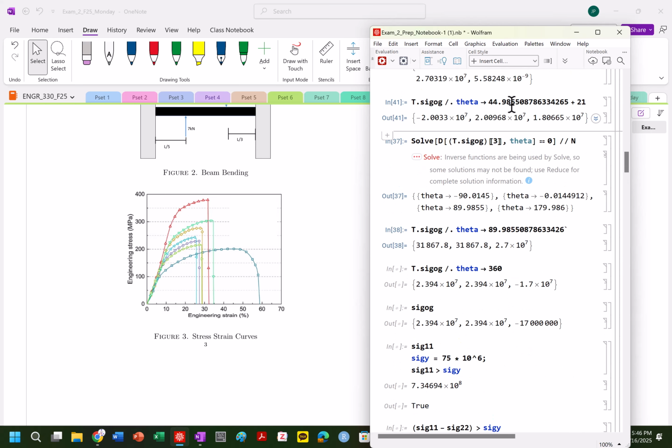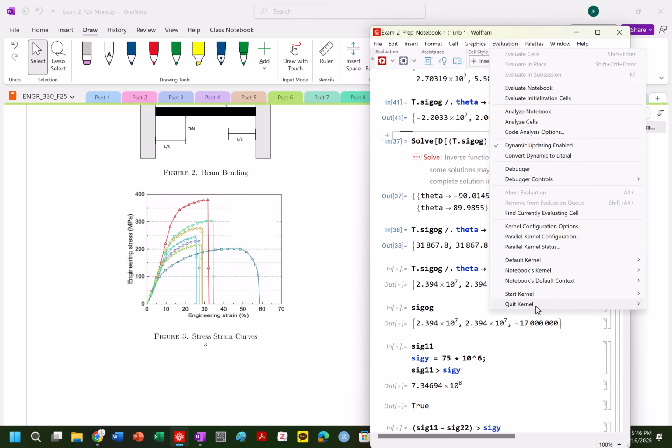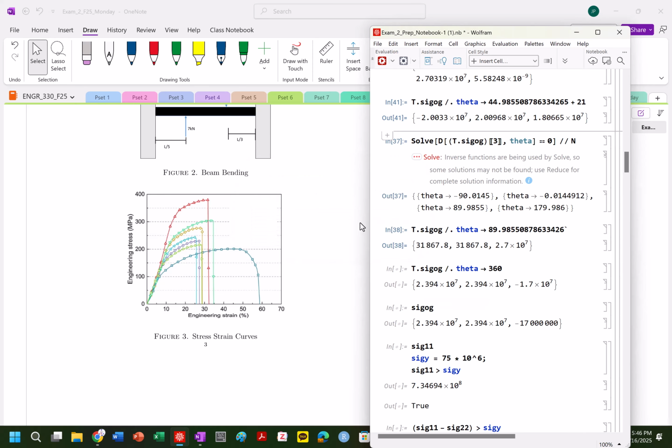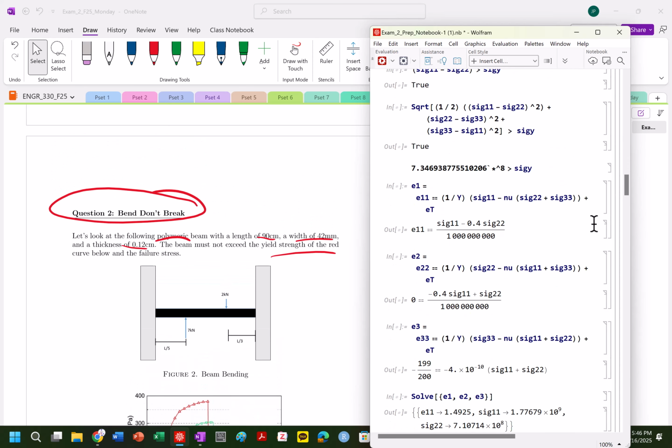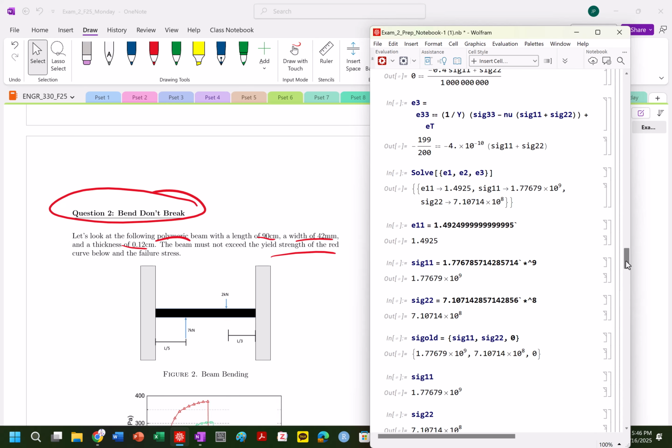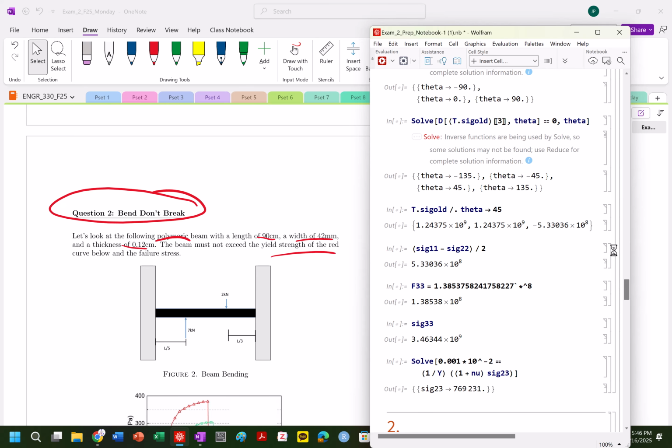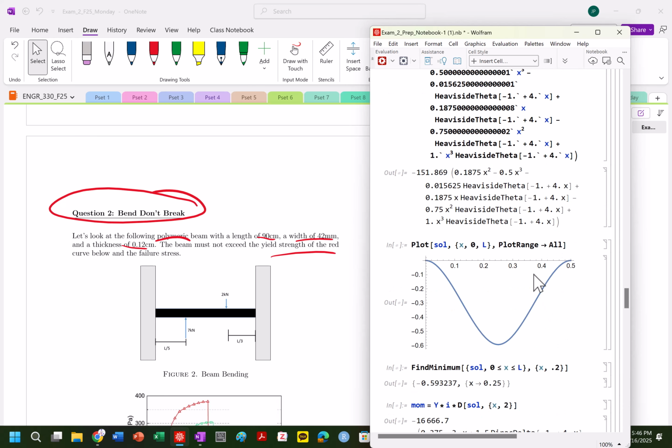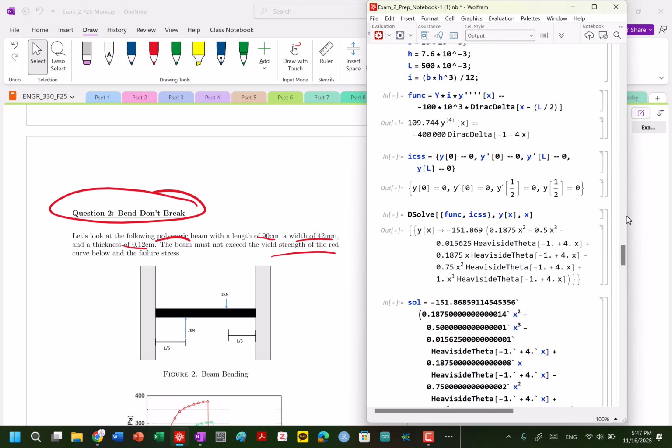So I'm going to quit my kernel. I'm going to do evaluation, quit kernel. So let's look at our beam. It's a polymer, so we know. My Mathematica is a little bit slow. Oops, that's not responding.